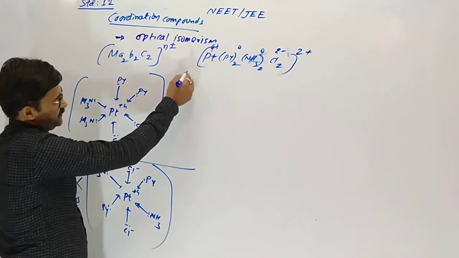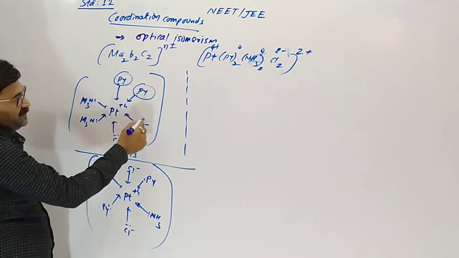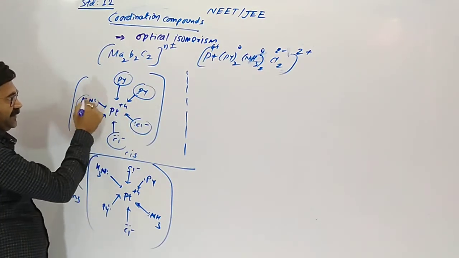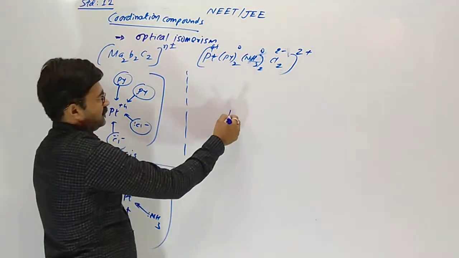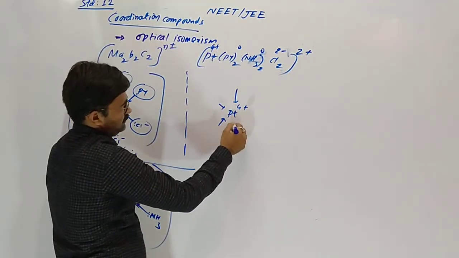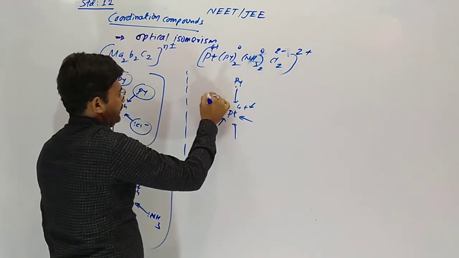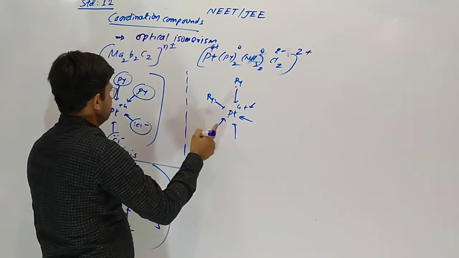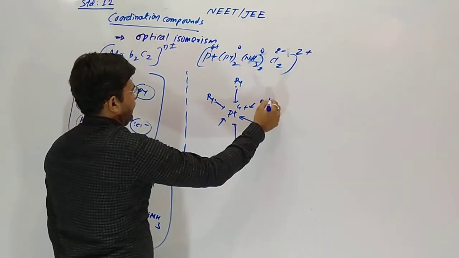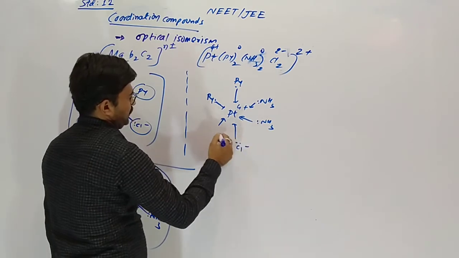So only cis is optically active. Same kind of ligands are close to each other at 90 degree. And now the mirror image of it. Pyridine, pyridine. Now 2 amine come here. 2 chlorido here.